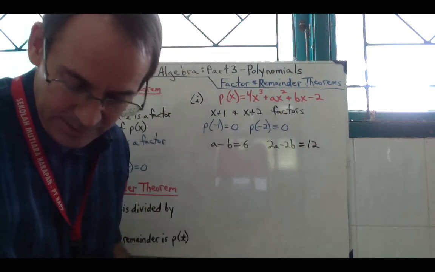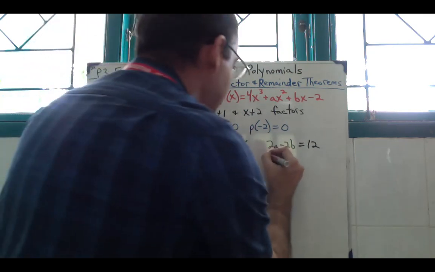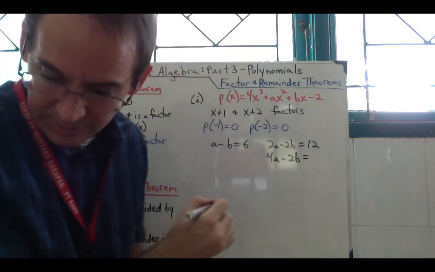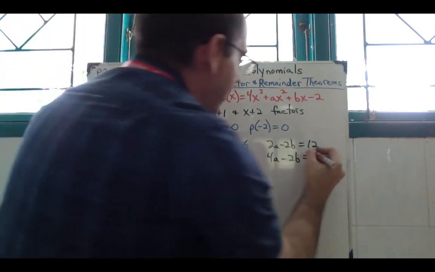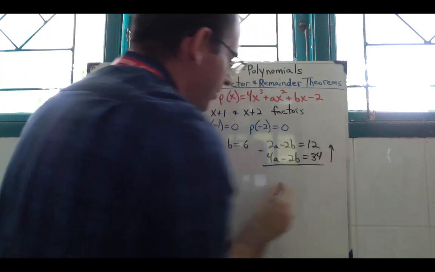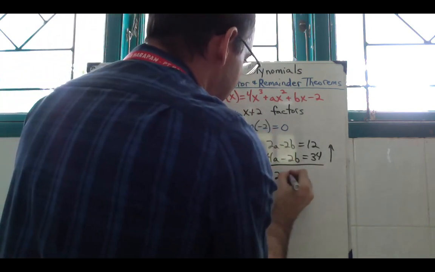And then the other one that we get from the p of negative 2 is 4a minus 2b equals 34.